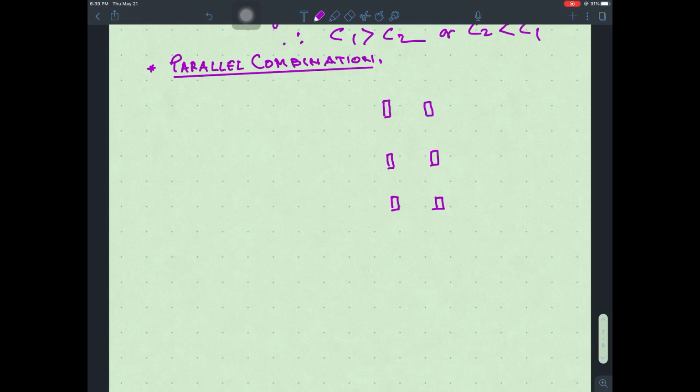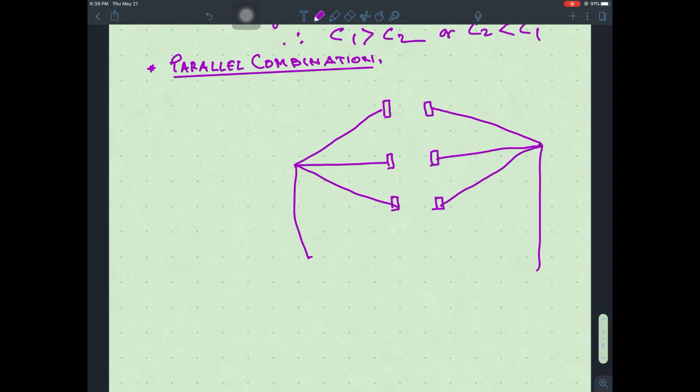Here the three capacitors are there, connected in this fashion with an external battery of this nature.